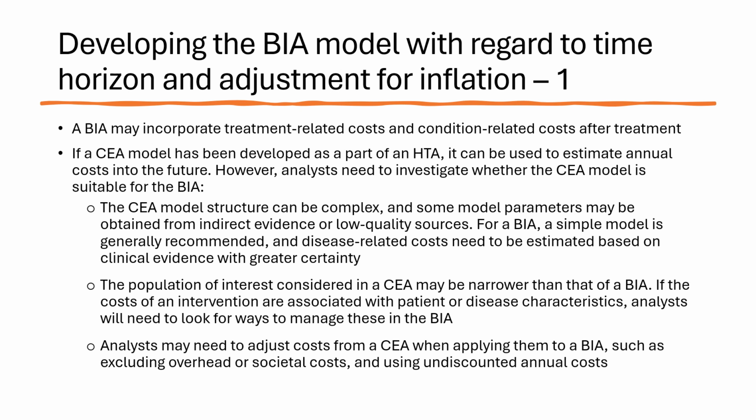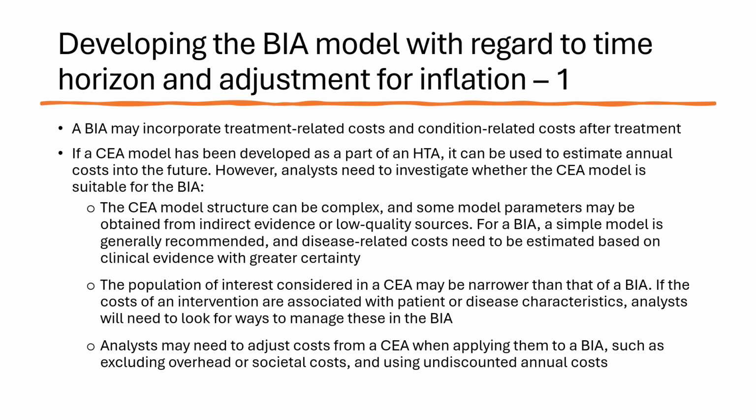BIA may incorporate treatment-related costs and condition-related costs after treatment. If the economic impact of a new intervention extends beyond 1 year, annual costs for subsequent years should be included in the BIA. If a CEA model has been developed as a part of an HTA, it can be used to estimate annual costs into the future.